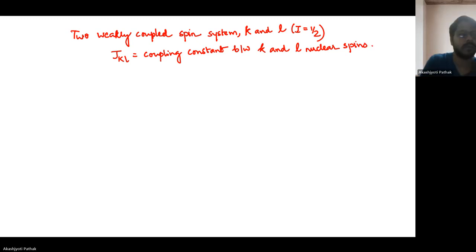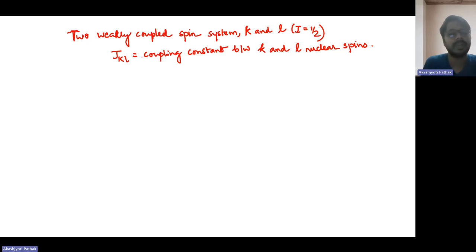So what have we considered here? We have considered a two weakly coupled spin system KL, both spins having spin quantum number half, coupled to each other, and the coupling constant between them is JKL.